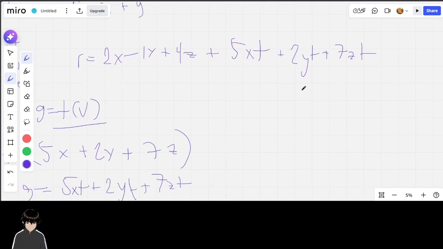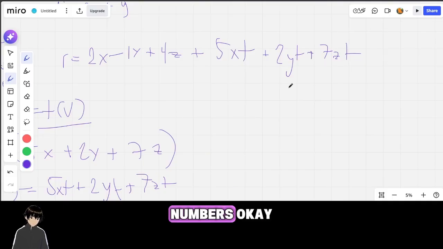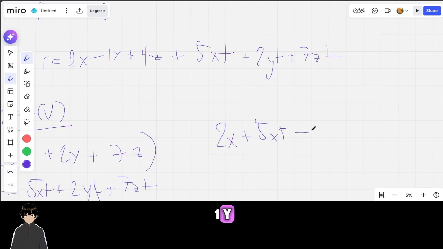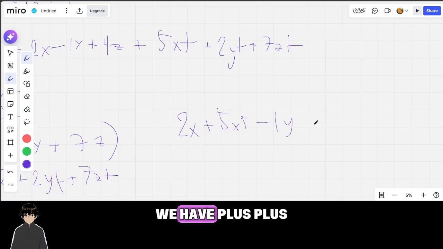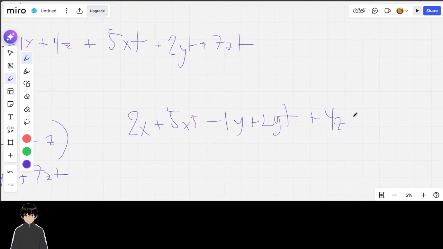Now we have to assemble them. We put the terms that have the same variable next to each other and order them as such. So we have 2x plus 5xt, then negative 1y plus 2yt, and then plus 4z plus 4zt.